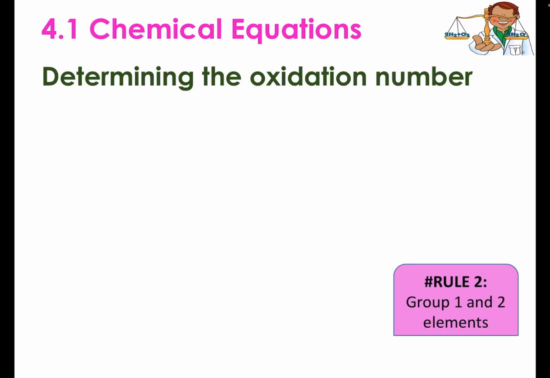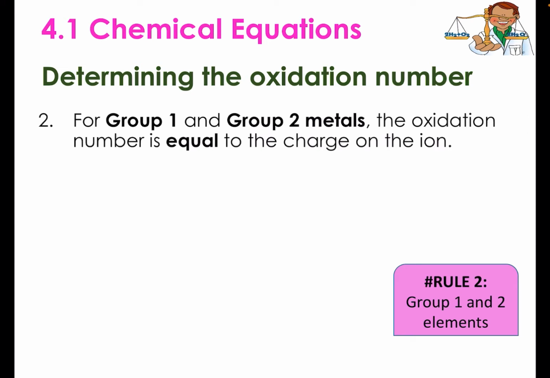Next, we go to the second rule. The second rule applies to group 1 and group 2 elements. As you've heard before, group 1 and group 2 elements are metals, which means their oxidation number is equal to the charge of the ion, because metals more readily donate electrons. So that's why for group 1 and group 2, there will be a positive sign for the charge.